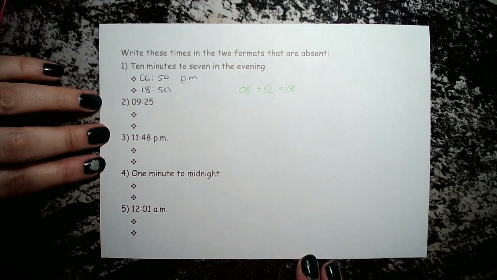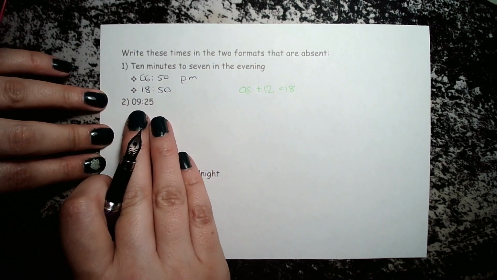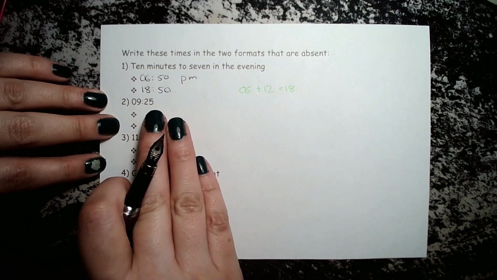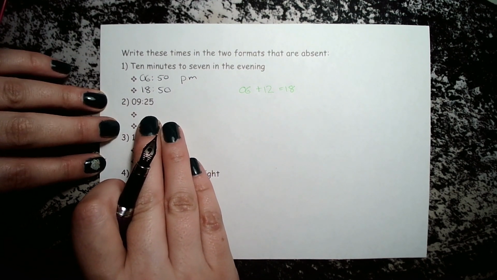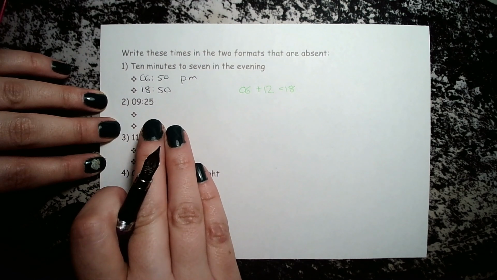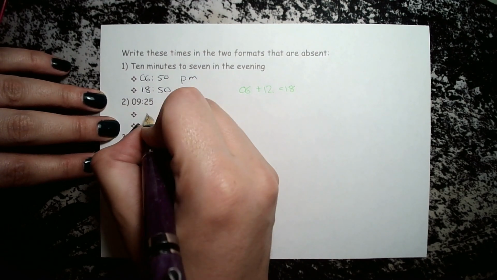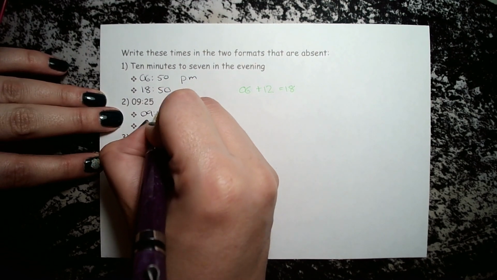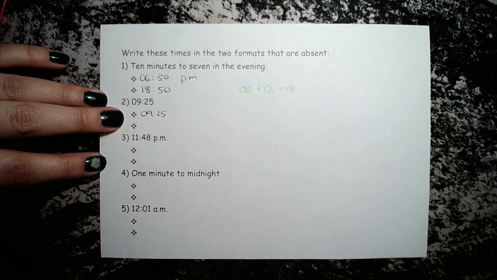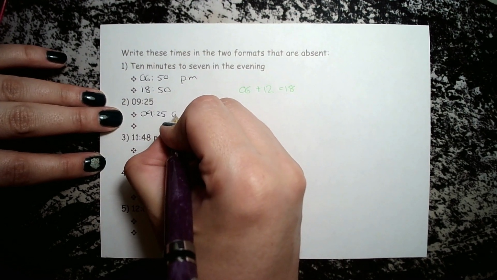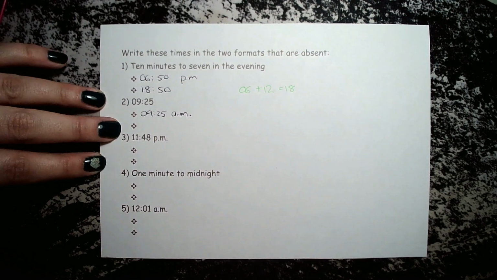Number 2 is given as 0925, nothing afterwards. So that means that this is in the 24-hour format. We need to give the 12-hour format and an analog. So 0925 stays the same because it's in the morning. And then we'd simply add AM to indicate that for the 12-hour format.